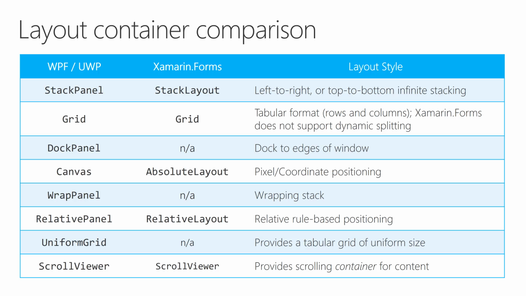Finally, keep in mind, if you need a specific layout design, you can always build a custom panel. There's a wrap panel example in the Xamarin.Forms documentation which you can look at for guidance. And Xamarin.Forms is completely open source, so you can always go look at one of the built-in panels to see how they work.